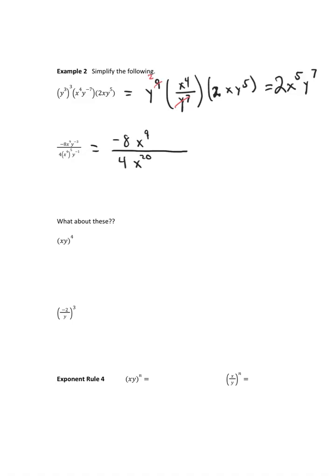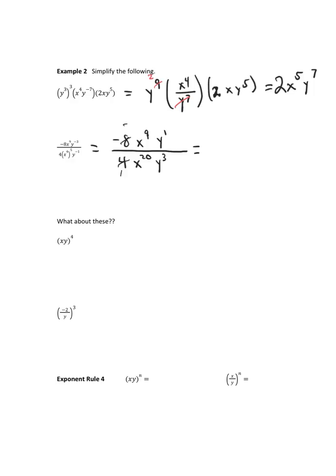And then I held off on those y's because I wanted to talk about the negative exponent. The y to the negative 3 up top flips down as y to the positive 3 on bottom. The y to the negative 1 on bottom actually flips up to be y to the first. All right, so now I can simplify.